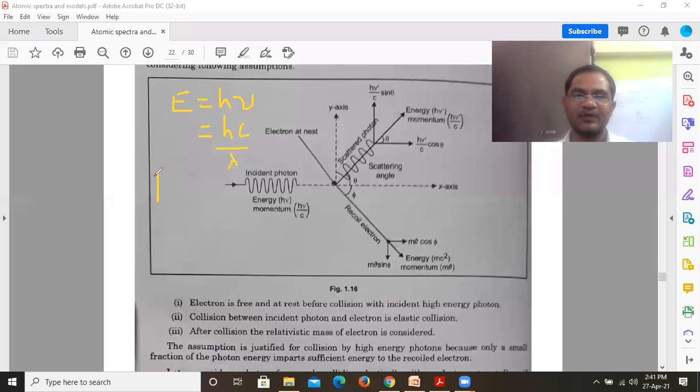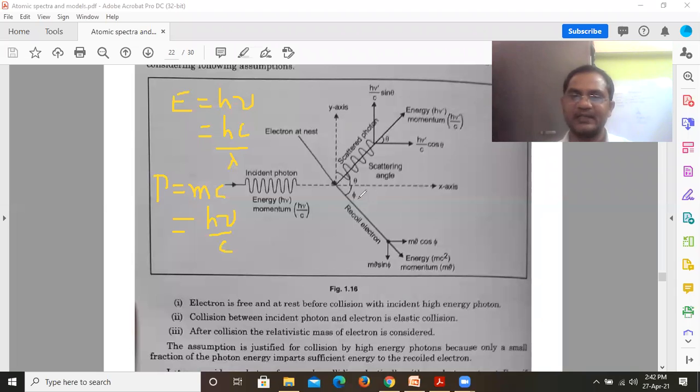What is the momentum of the photon? Momentum p is equal to mass into velocity of the photon, that is the speed of light, which in another form we can write as h nu by c. This is the linear momentum of the photon. Keep these two points in your mind.